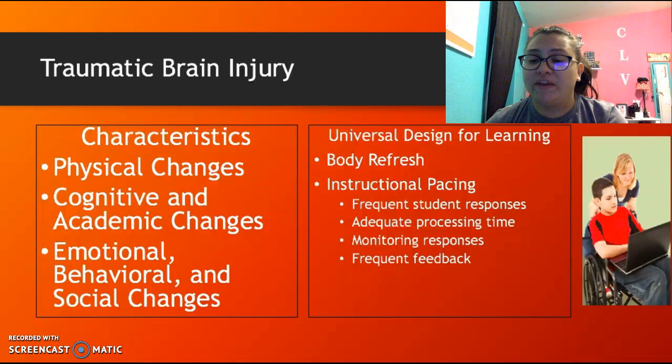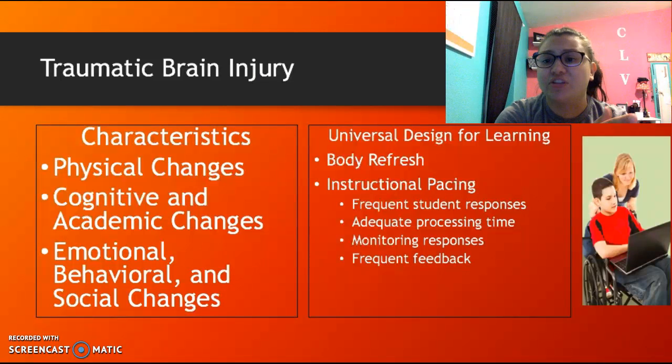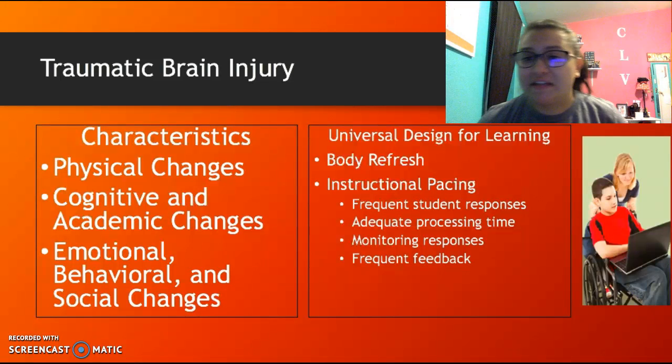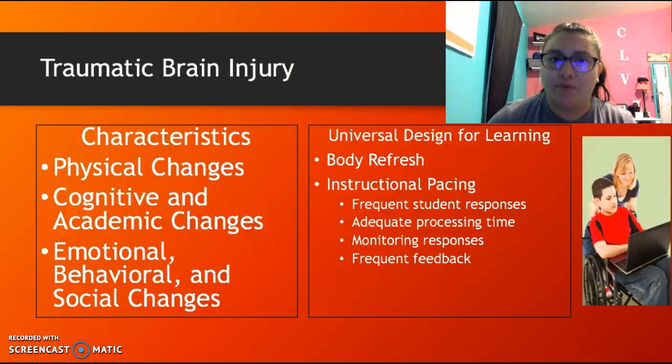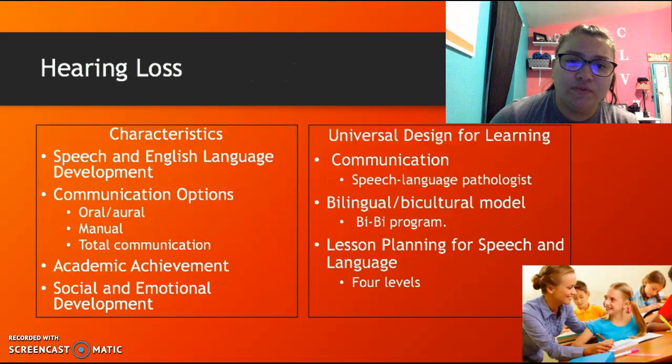And then when they do answer, you want to make sure you listen to their responses, and if they're going on the wrong track, you want to guide them back onto the right track. And also give them frequent feedback, because that's what they usually need in order to continue with that subject or topic.